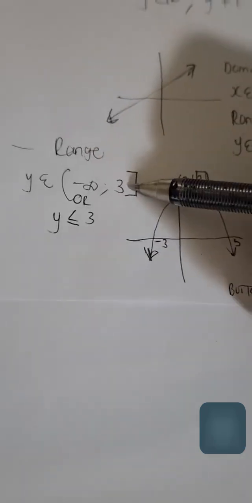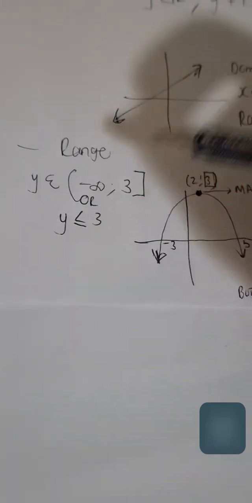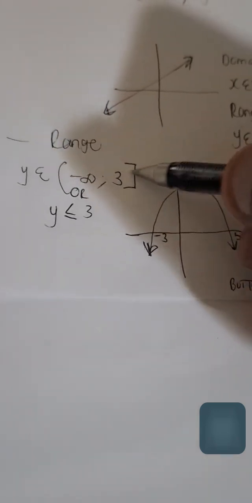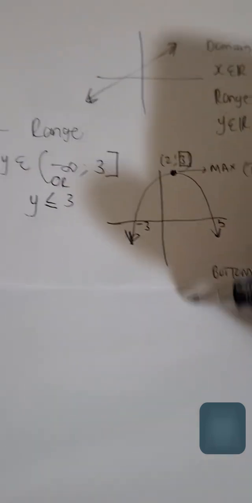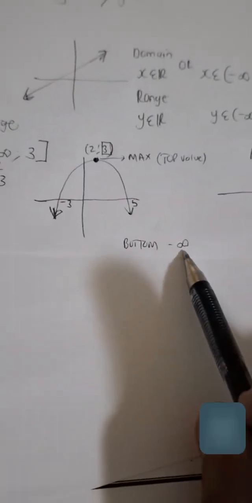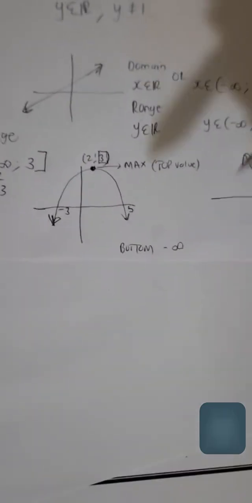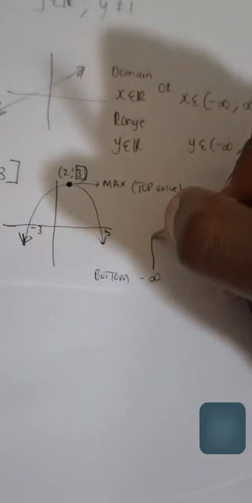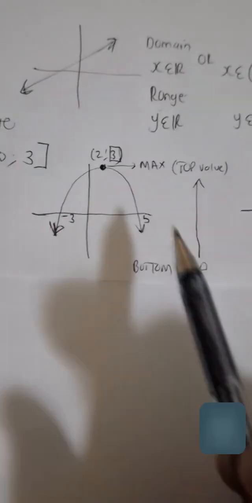So because this y value, which is 3, is included in the function, when we write our interval where the function exists, we are coming from negative infinity, which is where we started from the bottom. Where are we going as we are going up to the top?